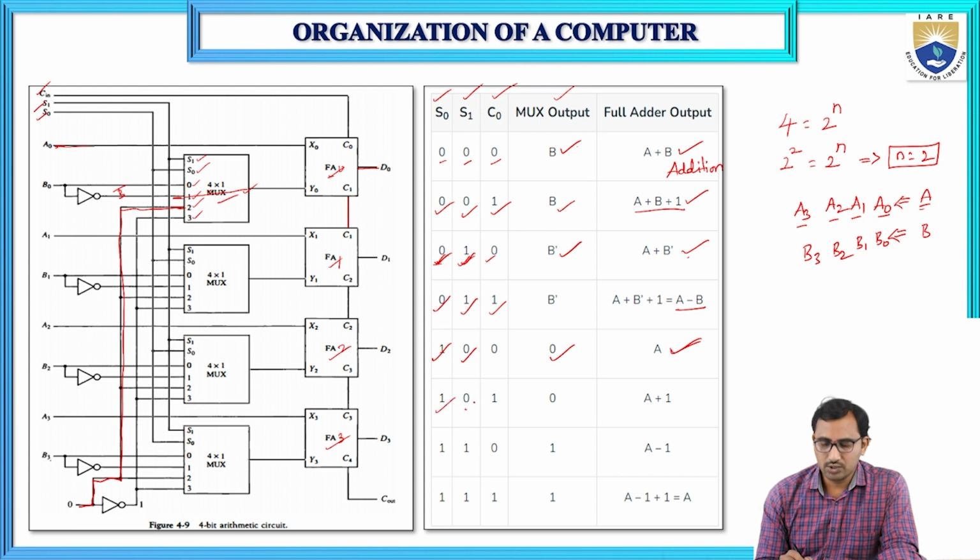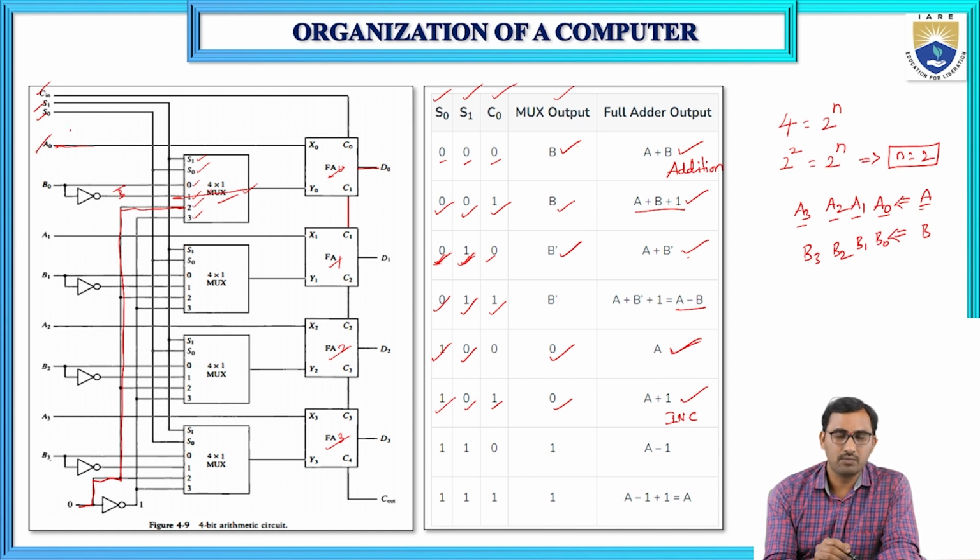Next 1 0 1. So the output of the multiplexer is 0. It performs increment operation. So it will perform increment operation on the A value. Then 1 1 0. If the selection lines are 1 1, then the third input of the multiplexer will be connected to the output.